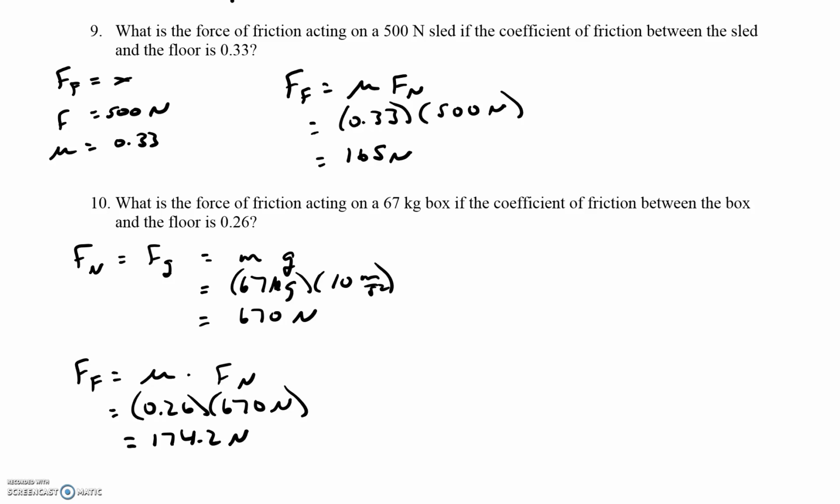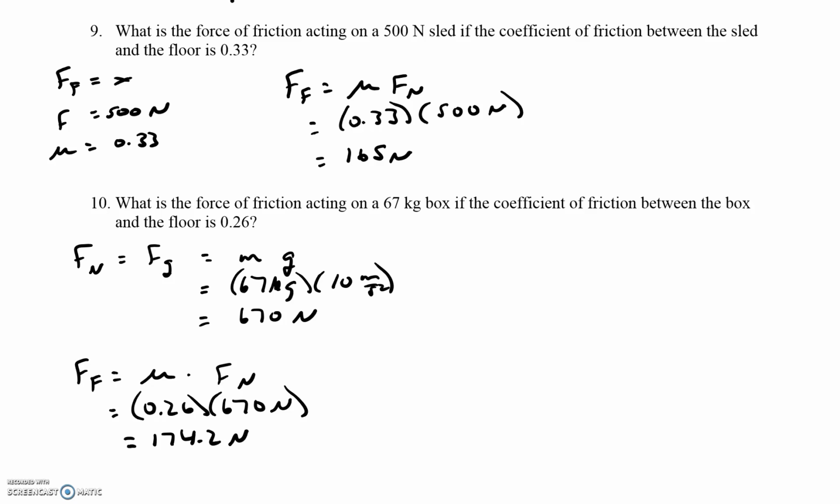Number 9, what is the force of friction acting on a 500 newton sled if the coefficient of friction between the sled and the floor is 0.33? So our force due to friction is going to equal our coefficient of friction times the normal force, or the force due to gravity. So we've got 0.33 times 500 newtons gives us 165 newtons for our friction force.